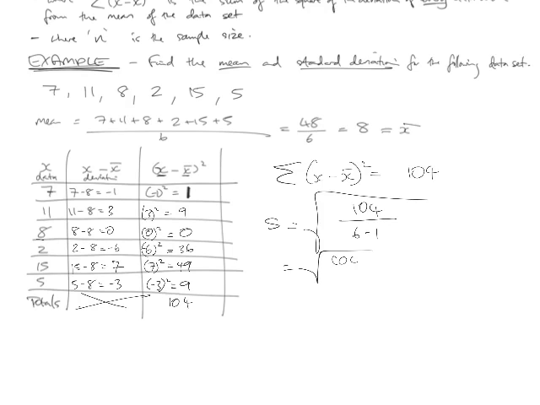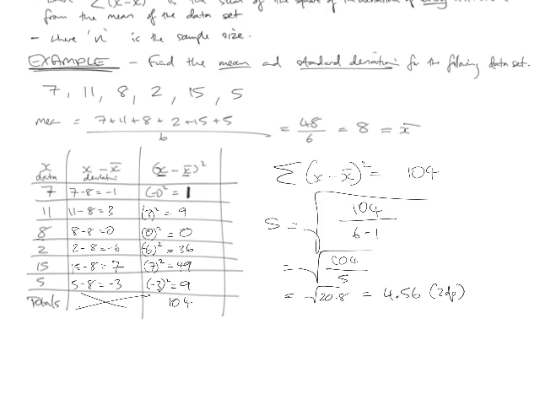Square root of 104 on 5. 104 divided by 5, and then find the square root of that. Find the square root of 20.8 equals 4.56 to 2 decimal places.